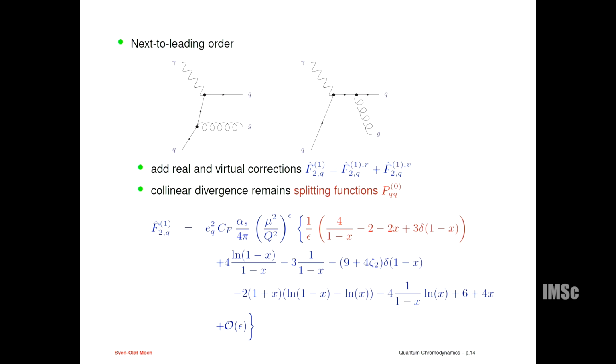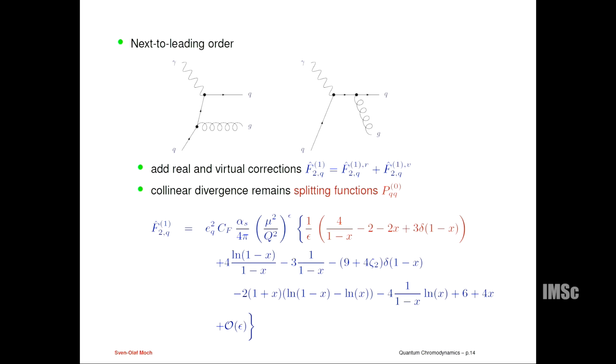Just two diagrams. We add them up, we square them, and then we have to integrate over the phase space of the outgoing quark and the outgoing gluon. And we keep a differential in the parton momentum fraction x, meaning we have a function in the end that depends on just the Bjorken x variable.